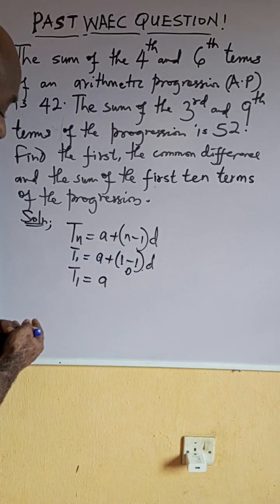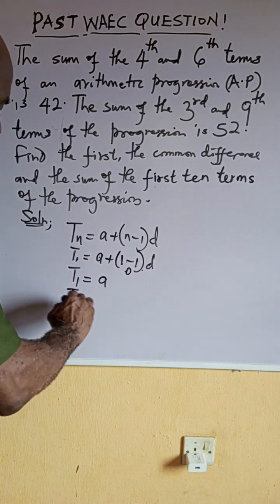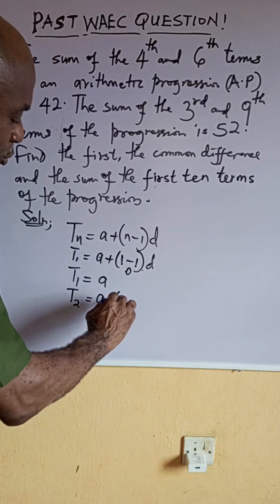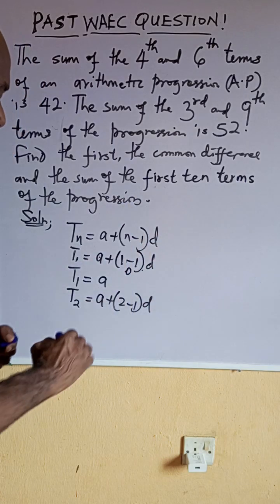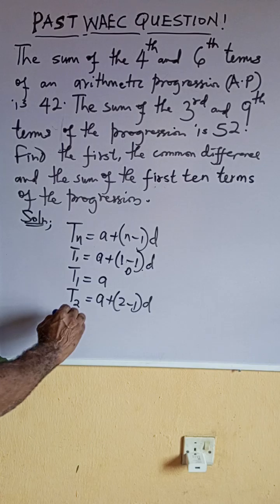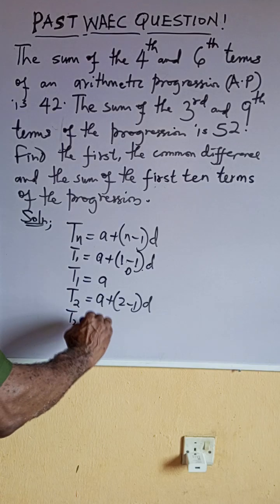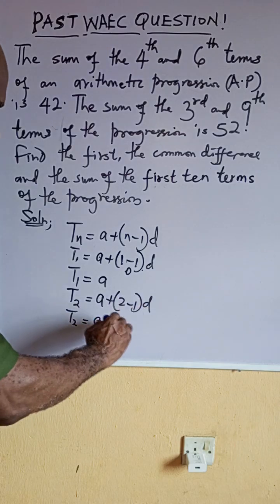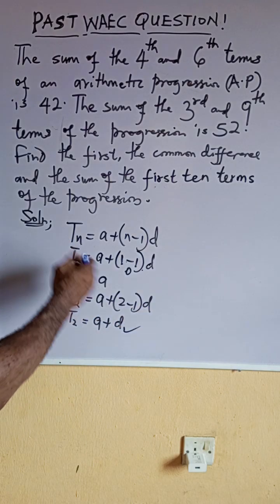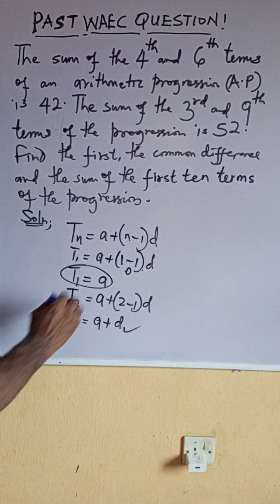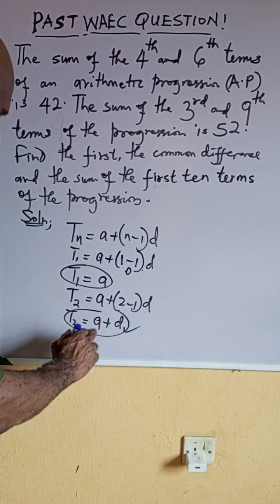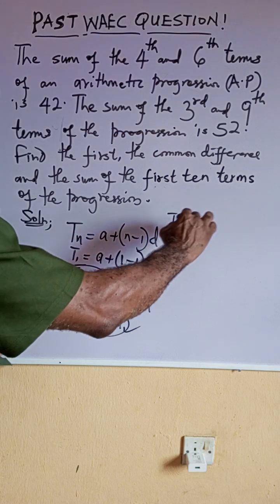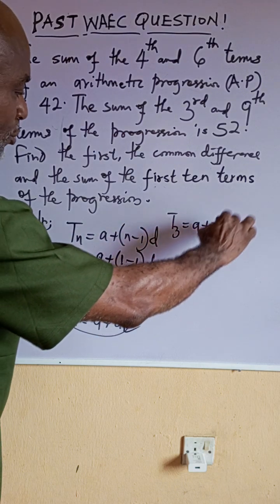Here 1 minus 1 is 0, so the first term will be A, because 0 multiplied by D is 0. The second term will be T sub 2 equals A plus 2 minus 1 times D. 2 minus 1 is 1, and 1 multiplied by D is D. So you can see that the first term is A, and the second term is A plus D. It means the third term should be A plus 2D.